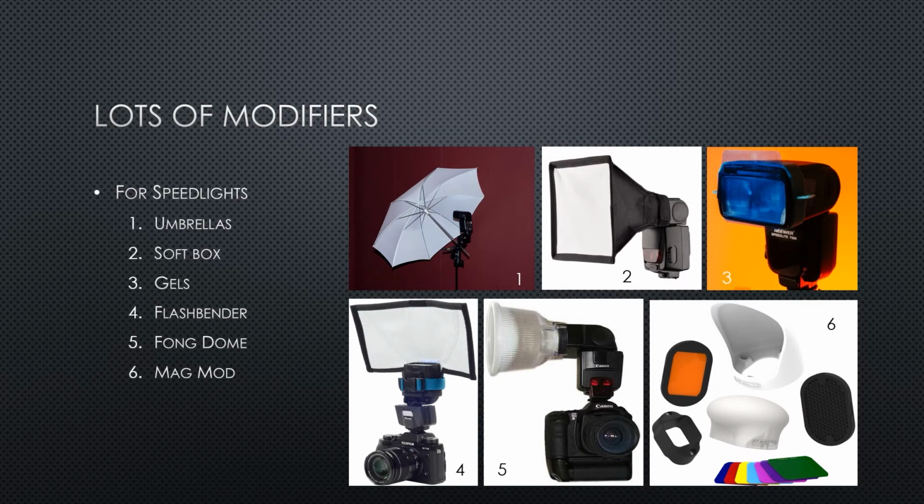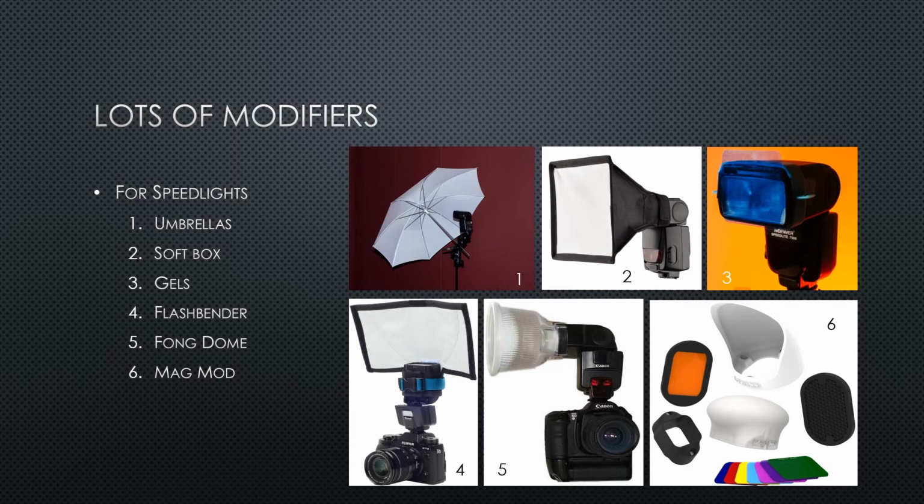In number 5 is another diffuser, this one made by the company Gary Fong, and it's called the Fong Dome. It's essentially the same thing as a softbox, but it's made of solid, translucent plastic with grooves that help to disperse the light. And finally, number 6 is an entire system known as the MagMod, or the magnetic modifier.